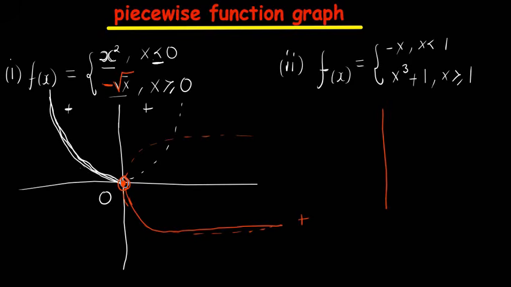And the other type of graph that you have is this one. What is the first thing? Here it says negative x, right? Since they have said negative x, what does this represent? It represents a graph that is decreasing like that, right?